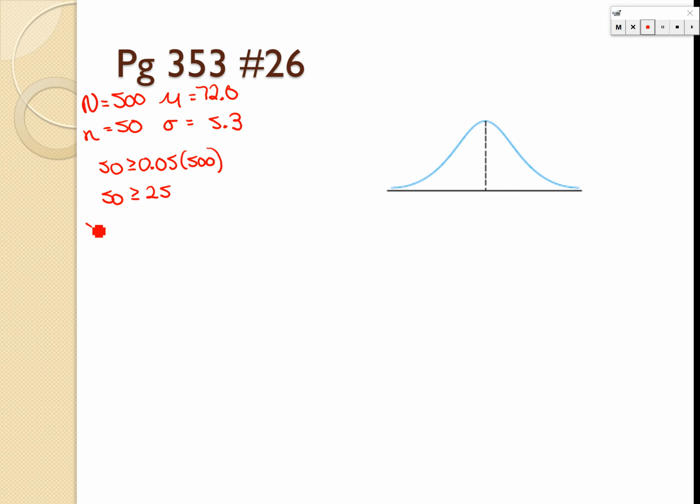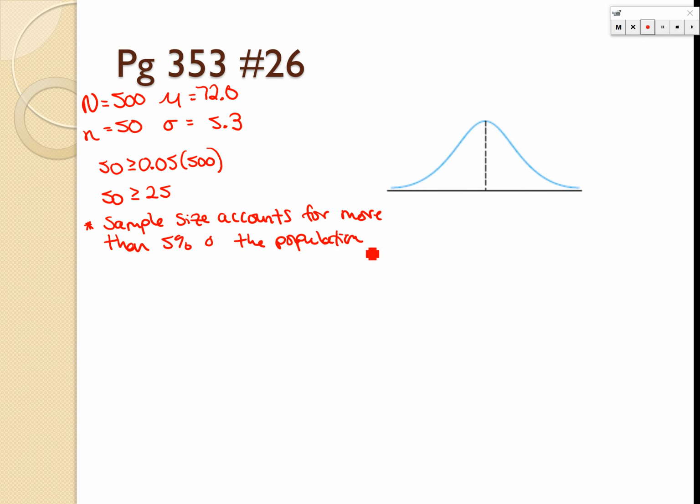So we'll just make a little note here. Sample size accounts for more than 5% of the population. So the correction factor is used.